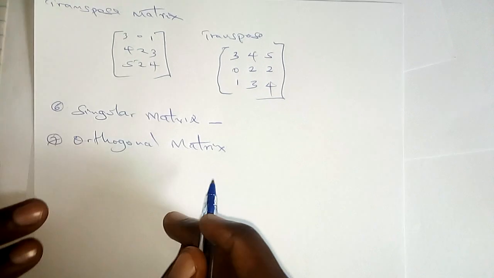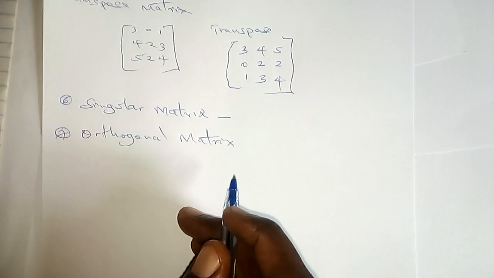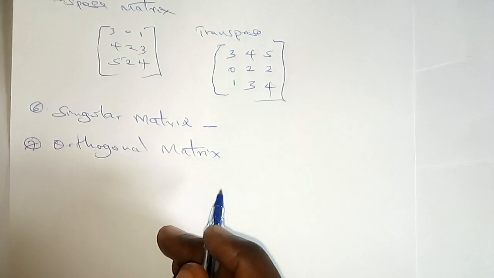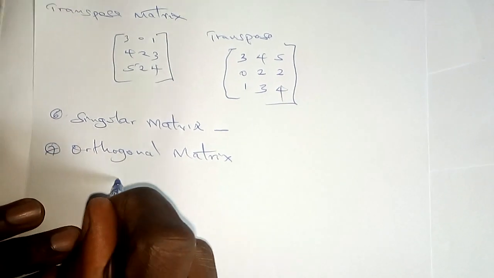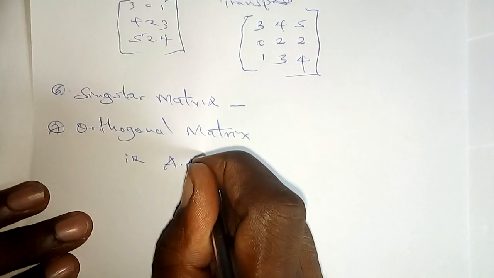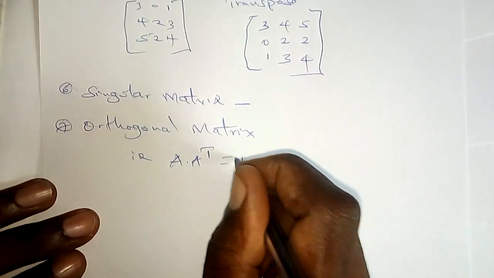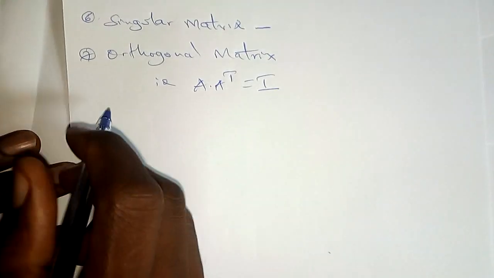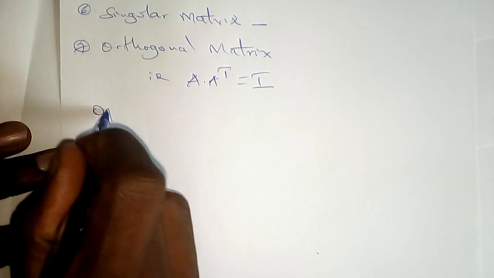An orthogonal matrix is a matrix whose product with its transpose gives an identity matrix, i.e. A multiplied by A transpose is equal to identity. That is an orthogonal matrix.